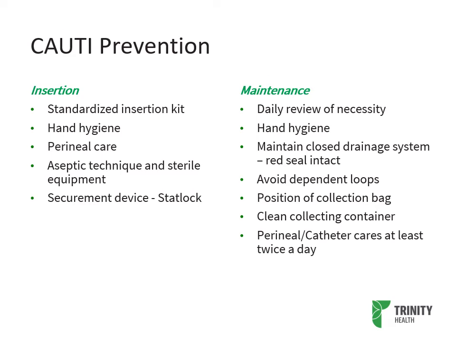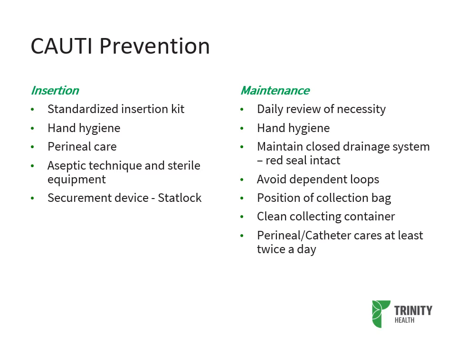For maintenance prevention, make sure we're using the nurse-driven protocol checklist daily. We're doing that twice a day. Even for maintenance, make sure we're doing hand hygiene anytime we come in contact with that Foley catheter. Again, maintain the closed drainage system. Make sure that red seal is intact.